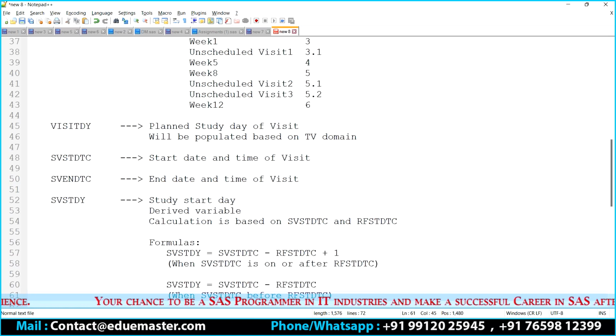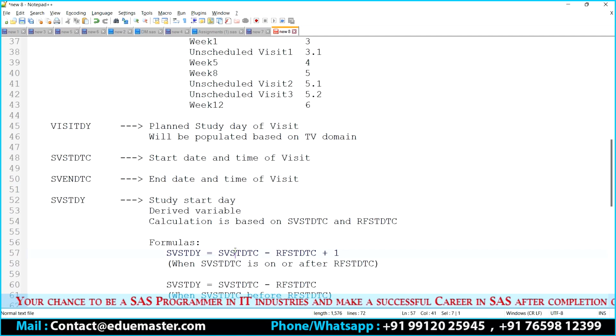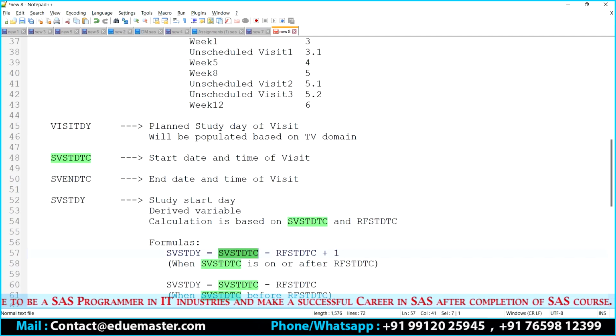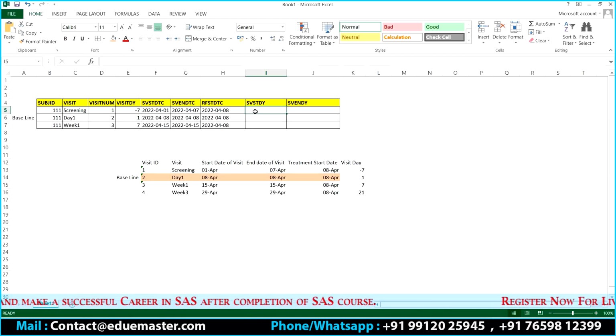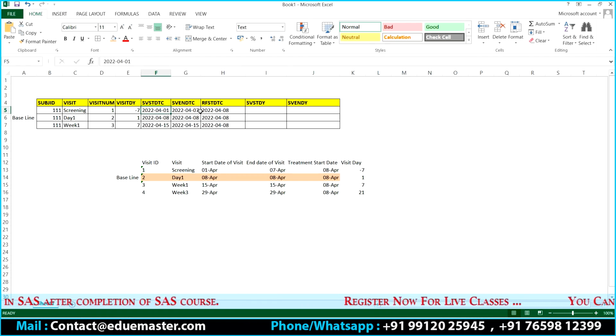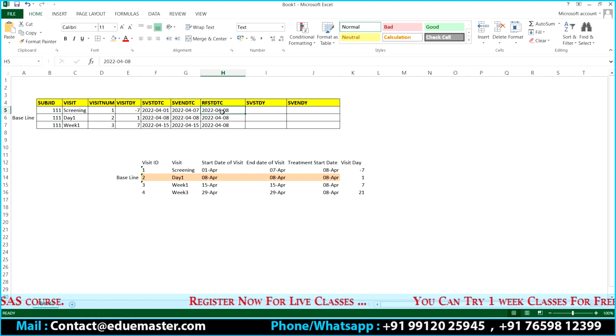Correct? Now calculate this particular one here. What is this? Your visit start date minus treatment date plus 1. Go with the Excel. Where is your SVSDTC? This is the one. Then what is your RFSDTC? This is the one.